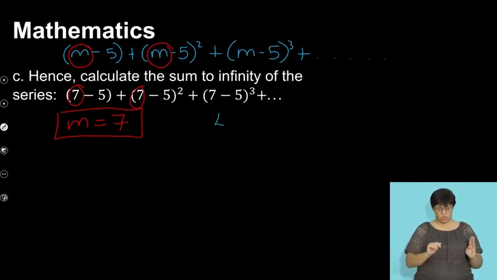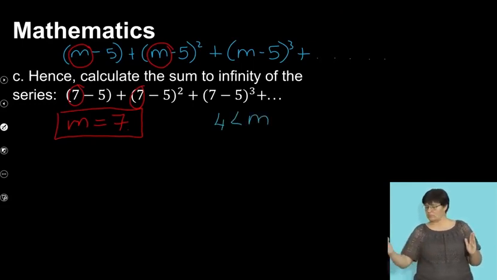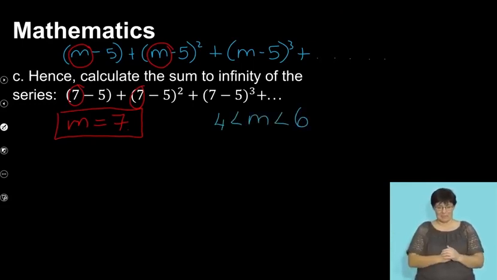And why is it important for m to be between 4 and 6? It's important because it means that this series itself converges, and I'm allowed to calculate the sum to infinity if the series converges.